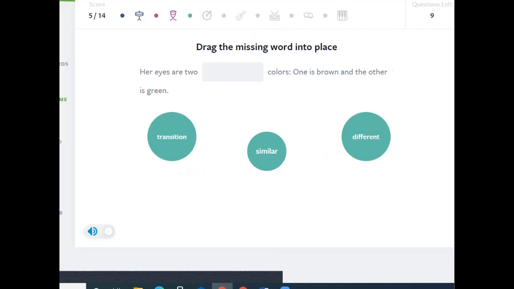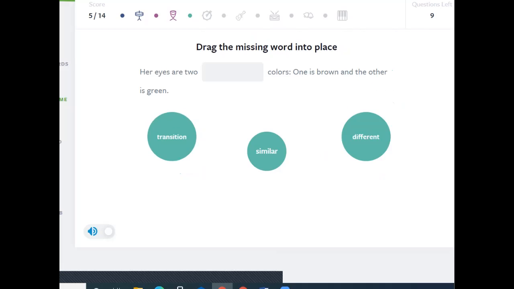Drag the missing word into place. Again, we're going to fill in the blank with a word: transition, similar, or different. Her eyes are two blank colors. One is brown and the other is green. Let me see what I know.